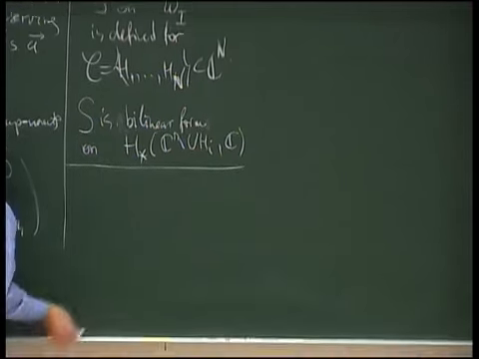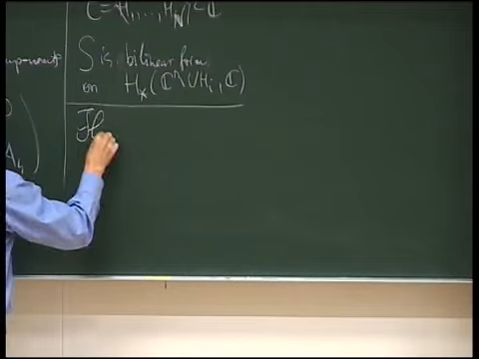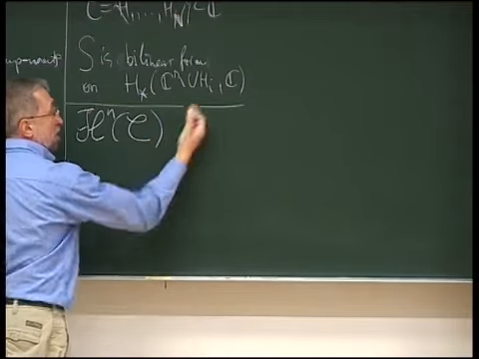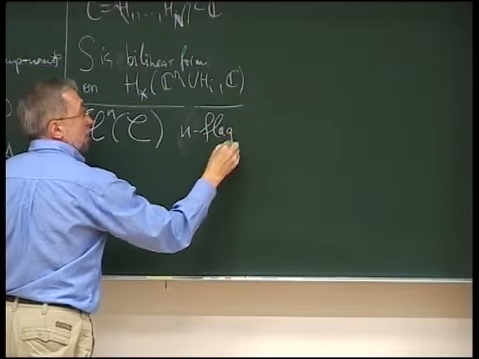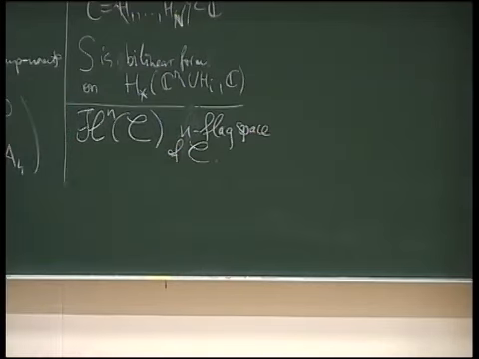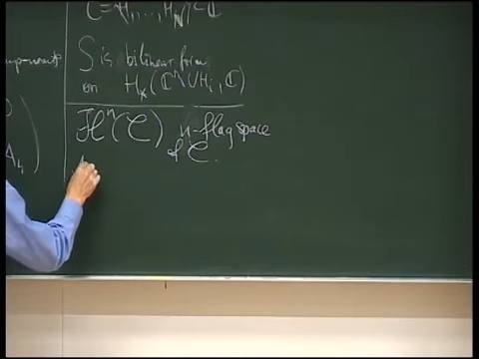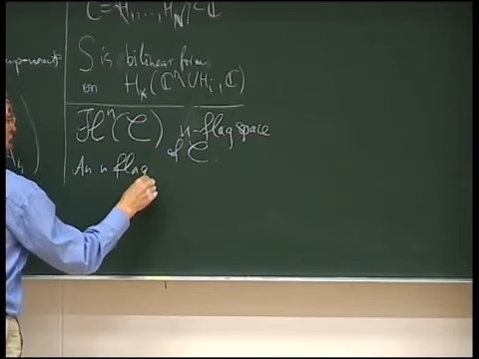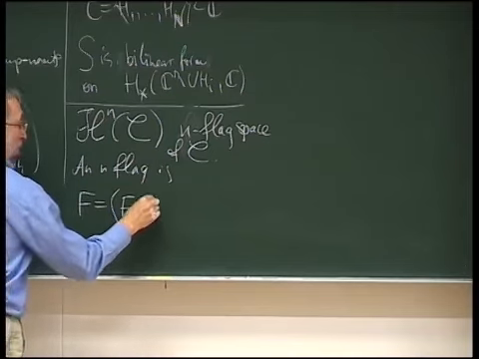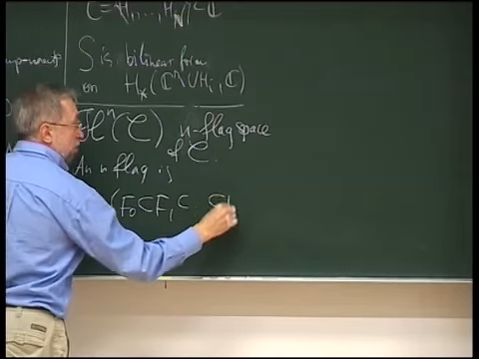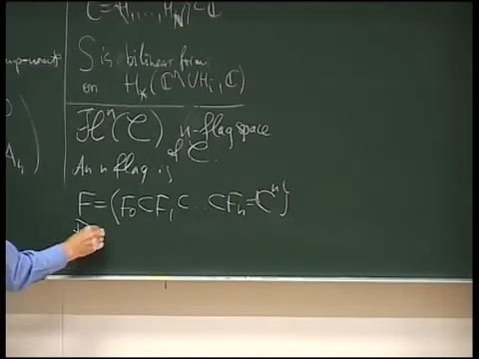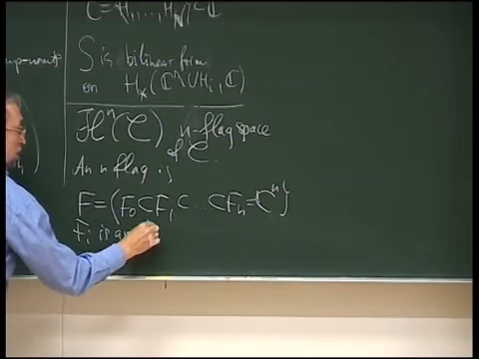So let me define what is called the flag space of the arrangement in a complex space. An n-flag is a sequence of edges F0, F1, ..., Fn, where the last Fn is equal to C^n, and Fi is an i-dimensional edge.